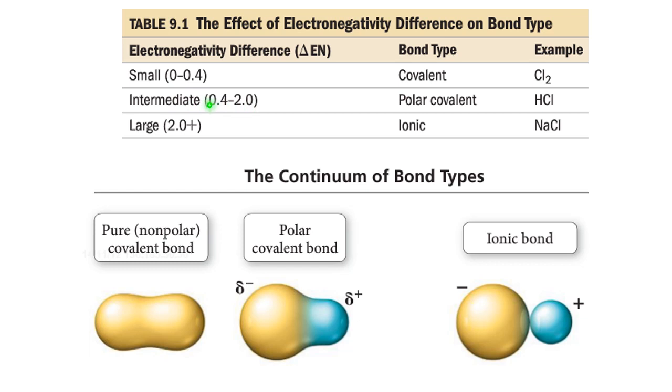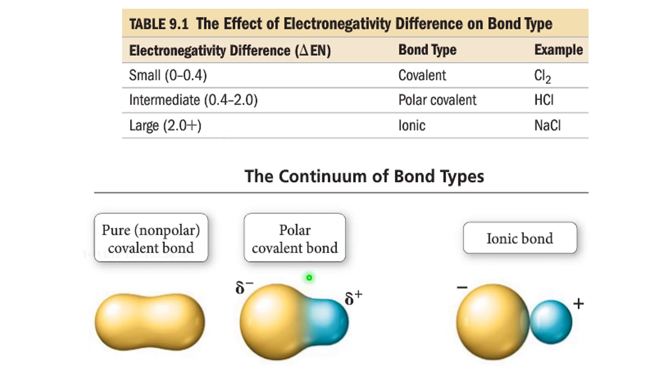If you have difference between 0.4 and around 2, you'll have polar still covalent bond. With very large differences, you'll have pure ionic bonds. This is a very arbitrary rule, but we will not go into details in this.